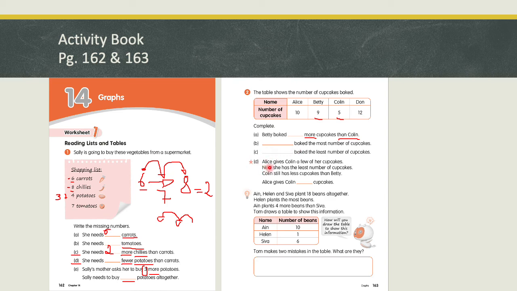For D, Alice gives Colin a few of her cupcakes. Now she has the least number of cupcakes. Colin still has fewer cupcakes than Betty. Alice gives Colin how many cupcakes?